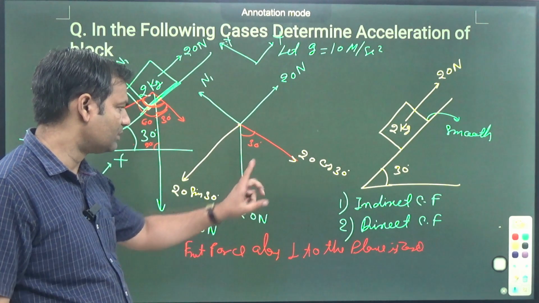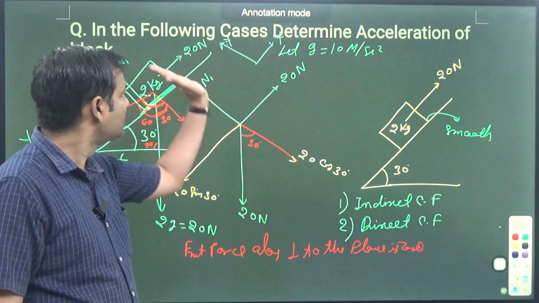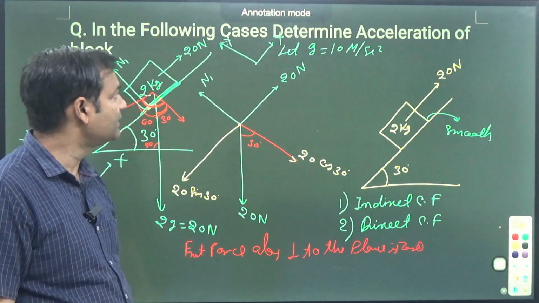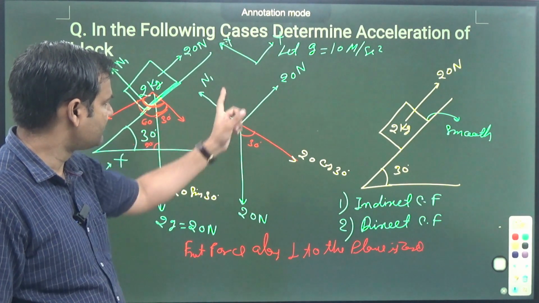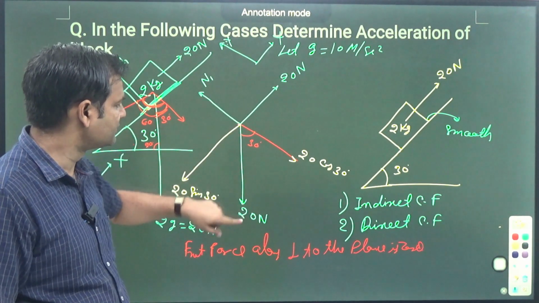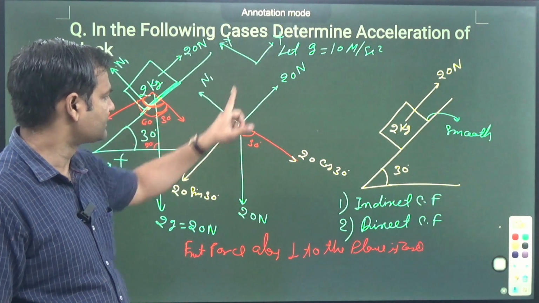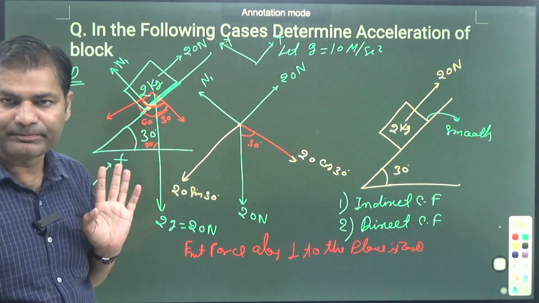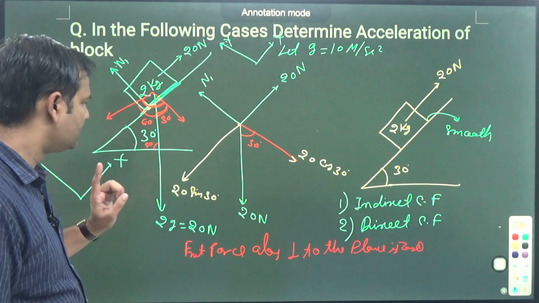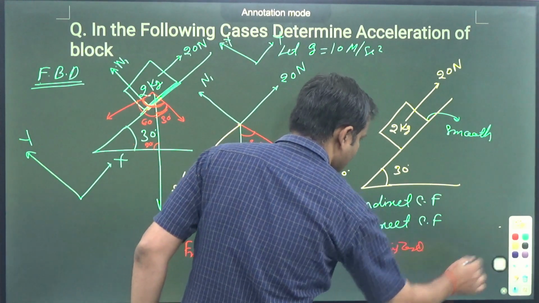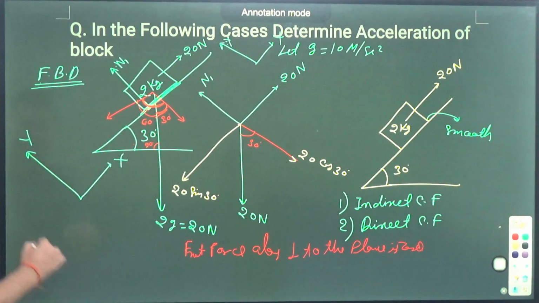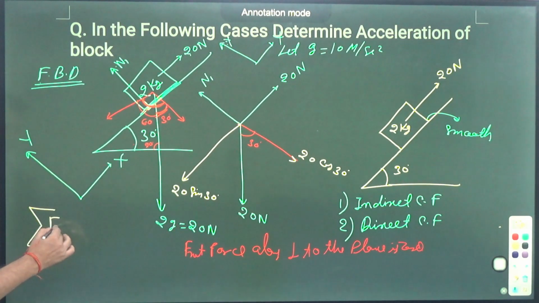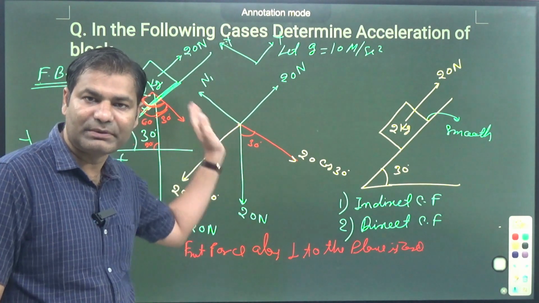There are two components of the 20 Newton: along capital Y direction, that is 20 cos 30 degrees, and along capital X direction, opposite to capital X, that is 20 sin 30 degrees. Now, in which direction is the net force 0? Along capital Y. So, the summation of forces along capital Y is 0.